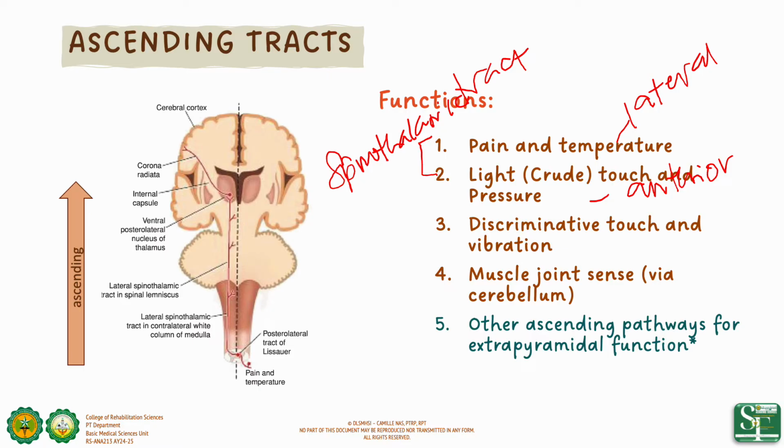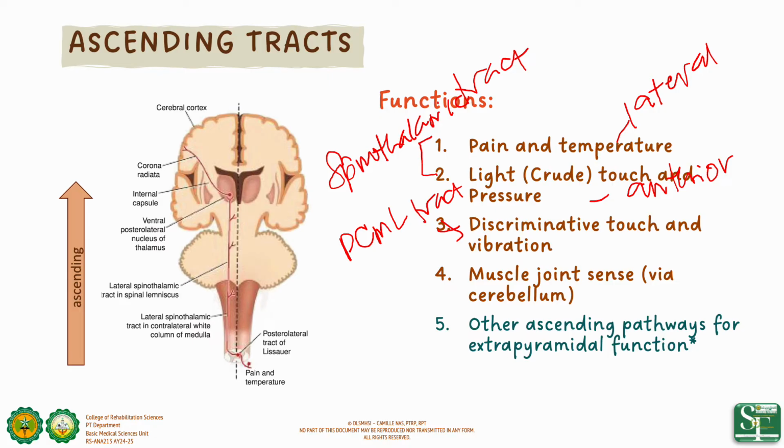Discriminative touch and vibration, na-mention ko na, it's the DCML tract or yung ating fasciculus gracilis and fasciculus cuneatus. Okay, and then you have muscle joint sense via the cerebellum. Yun yung mga spinocerebellar tracts. And then other ascending pathways for extrapyramidal function. Example na lang would be the spinotectal.